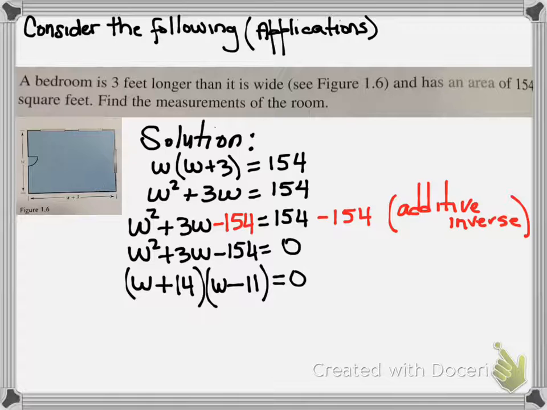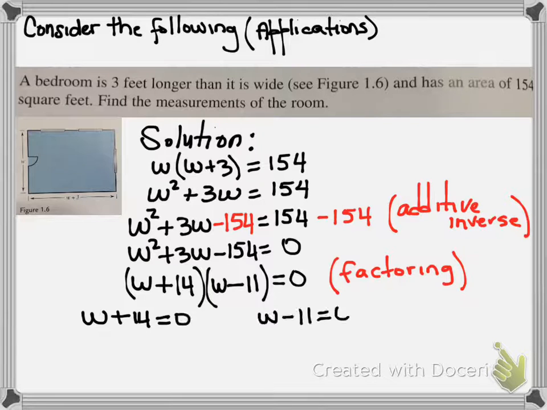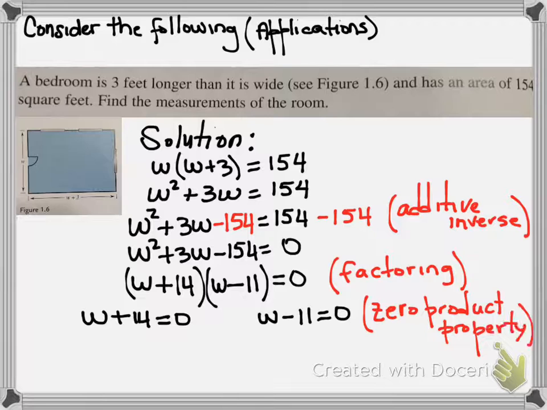And if I have 14 times negative 11, I get negative 154. So, ladies and gentlemen, at this point, I apply the zero product property. Once we factored, we apply the zero product property.